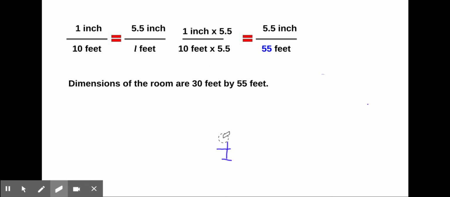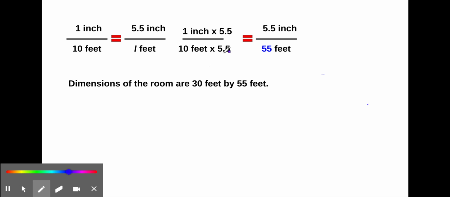So we can multiply the bottom by the same amount, 5.5. And when that's said, 10 times 5.5 is 55, because again, base 10 number system, we just scoot the decimal over to make it 55. So the dimensions of the room are 30 feet by 55 feet. Again, hope this helps.